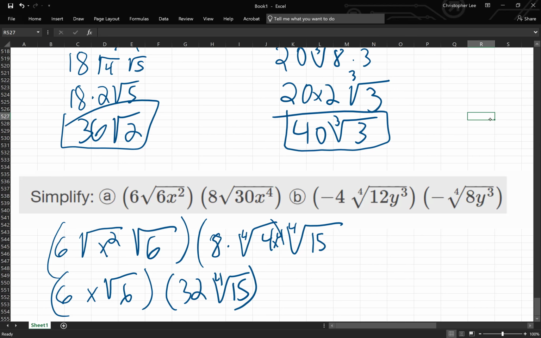Well, now you want to multiply these together, right? Numbers with numbers, radicals with radicals. So what does this become? I think 72. No. 6 times 32 is what?